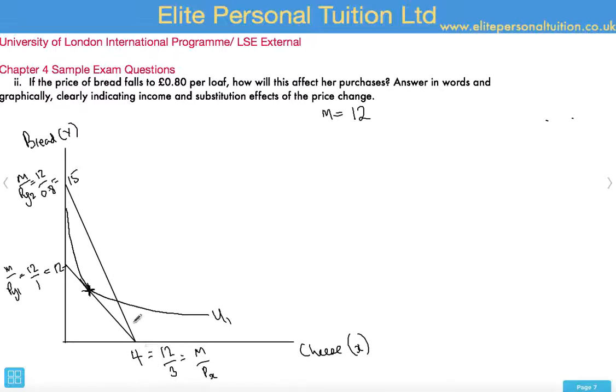Okay, so once we've got our new budget constraint, we then need to draw on our new utility line. Because we can now achieve a higher level of utility, given our budget, there's this whole new area available to us. So I'm going to make my utility line tangent to my budget constraint at this point here.